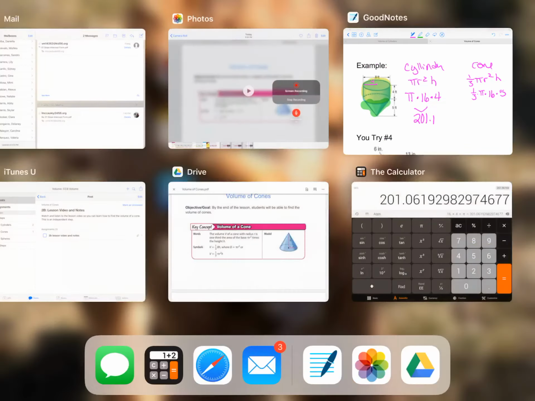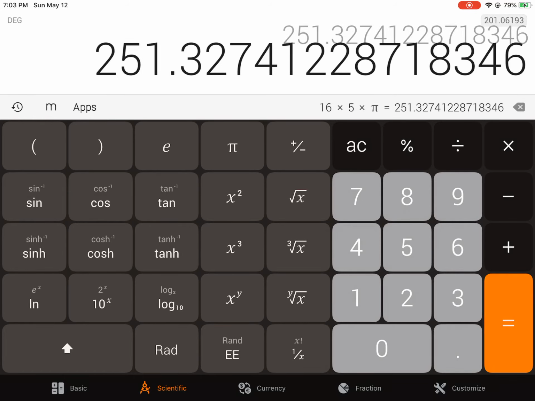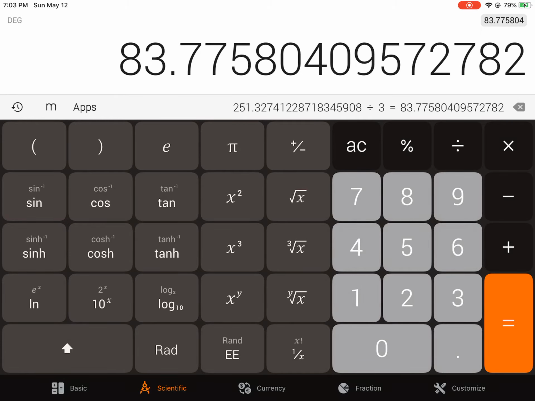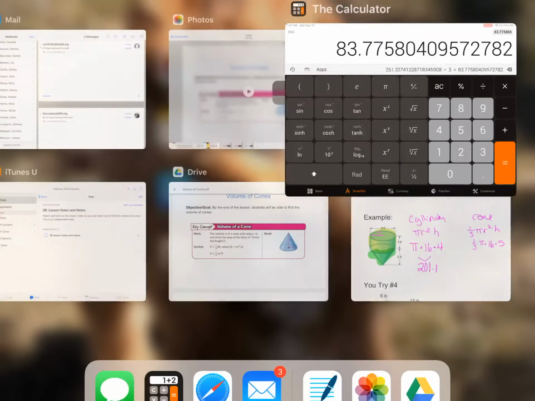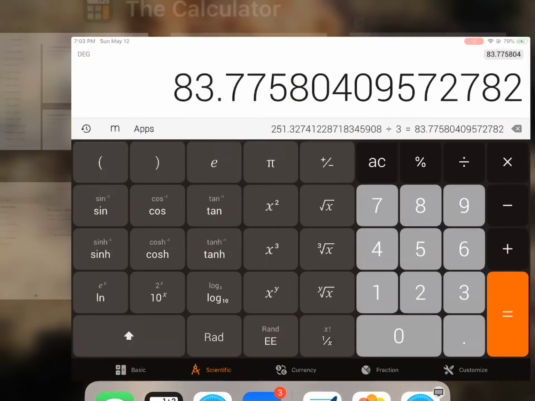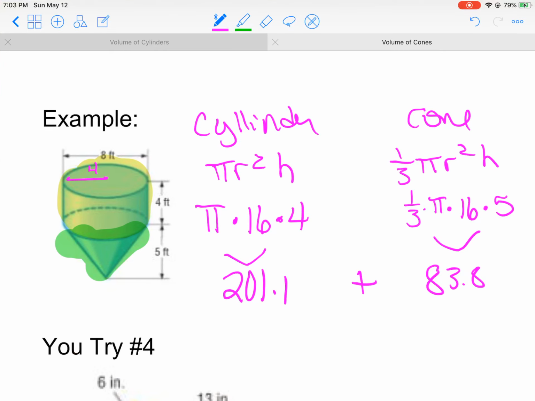So we will do 16 times 5 times pi equals that, divided by 3 equals 83.8. Okay, so that one's going to be 83.8, and then we add those together. So 83.8 plus 201.1 equals 284.9. 284.9 feet cubed.